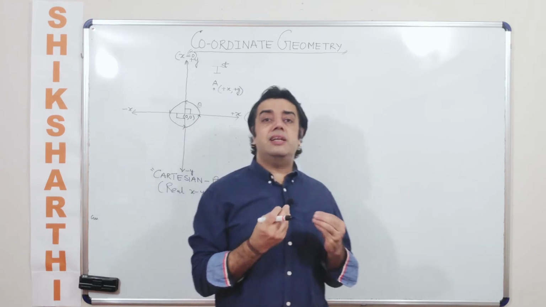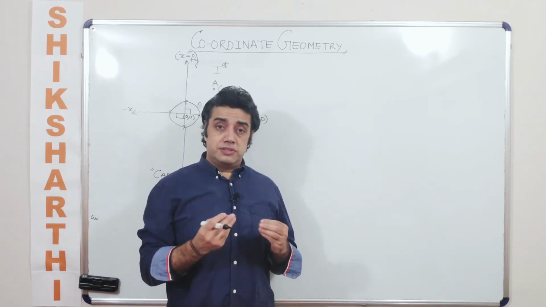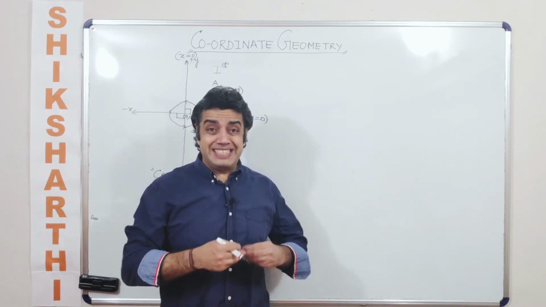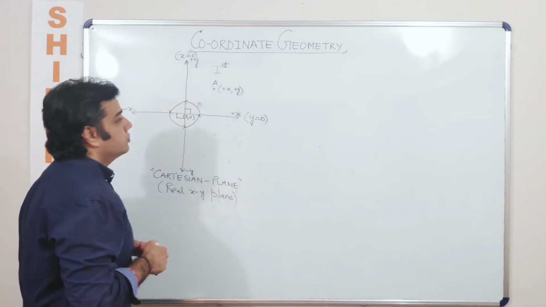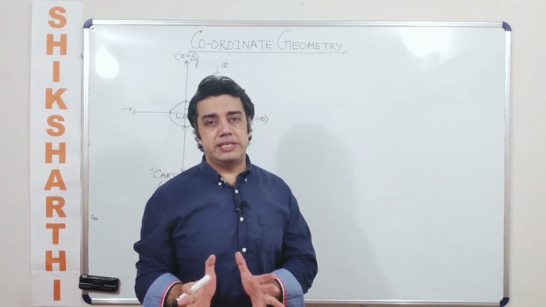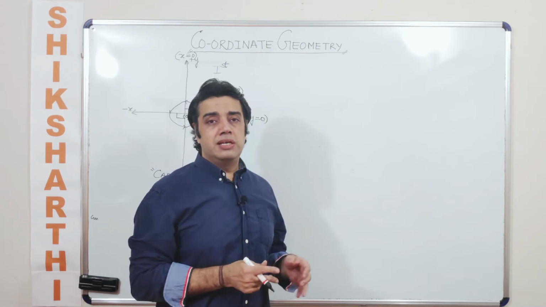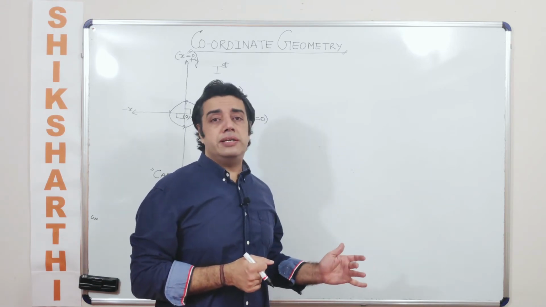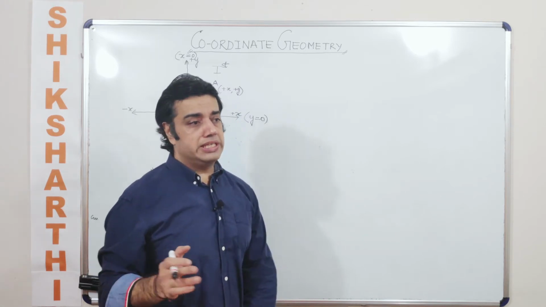So the technical name given to the x coordinate is the abscissa, and the technical name given to the y coordinate is known as the ordinate. So abscissa and ordinate are the technical words used for the x coordinate and the y coordinate respectively.